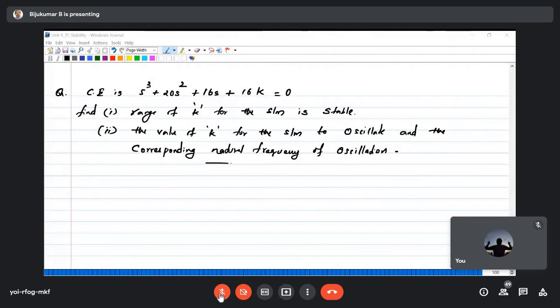Acha, what is the strength of your class? 60. So what happened to the remaining 12? Any idea? Today only 47%. 13 students are absent. Hope everyone knows how much percentage of attendance is required to attend the final exam.